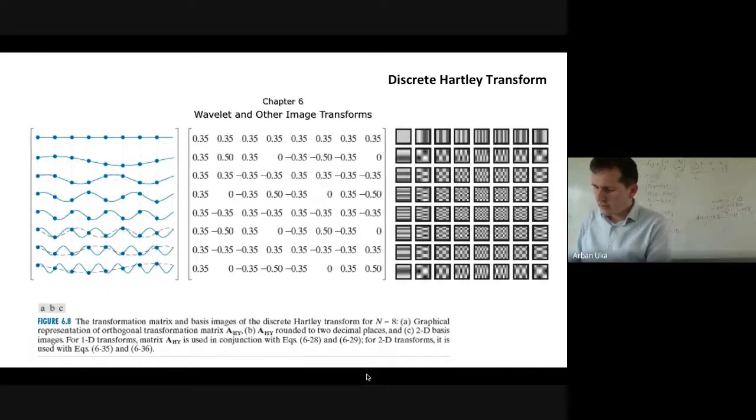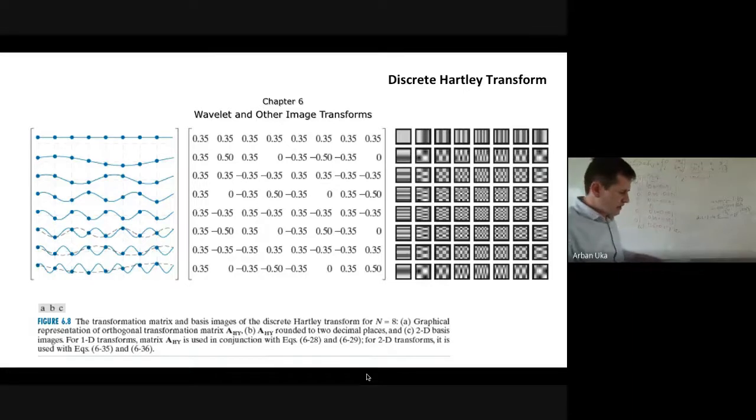In the discrete Hartley transform, everything changes in the kernel. Before, with the Fourier transform, it was an exponential, e to the power minus i times 2 pi divided by n times n minus 1. So this was the kernel, and we used to multiply with a series of these factors.